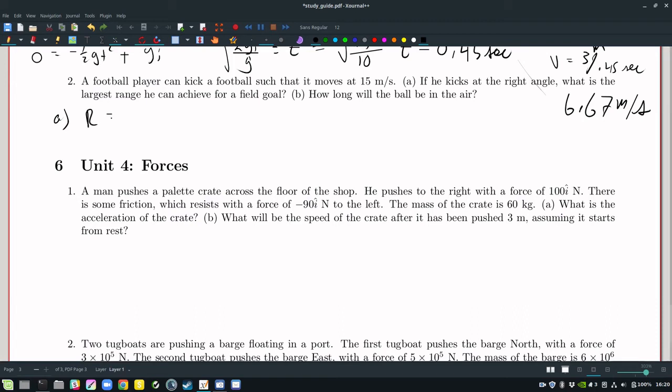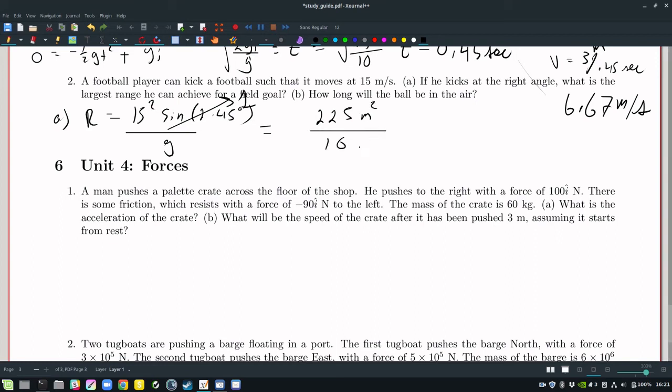The range will be 15 squared times sine of 2 times 45 degrees, which happens to be 90. Sine of 90 is 1, divided by g. So if g is about 10, then we have 225 meters squared divided by about 10 meters per second squared.